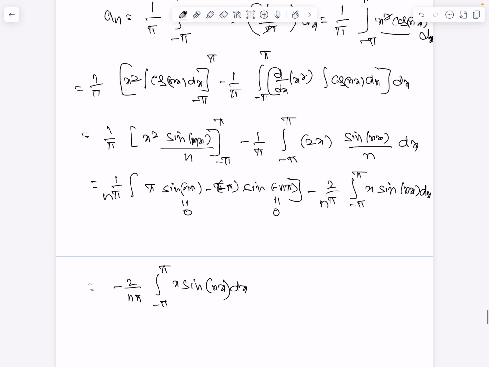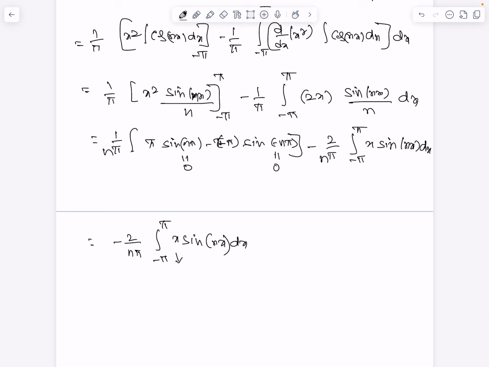Again, this is a first degree polynomial. We have to apply integration by parts. In integration by parts, we have to differentiate x. Therefore, x becomes constant the next time and there is no need to bother about those terms. In the integrand, you can easily apply the integration over the rest of the term.